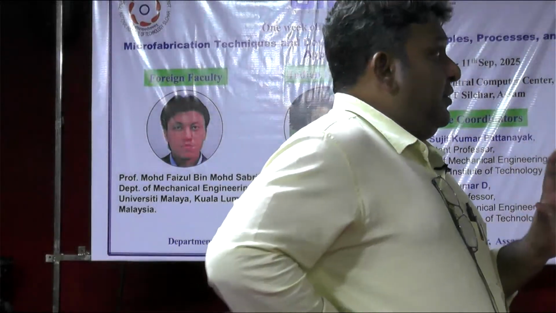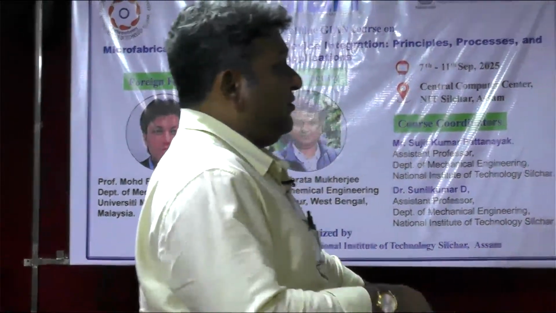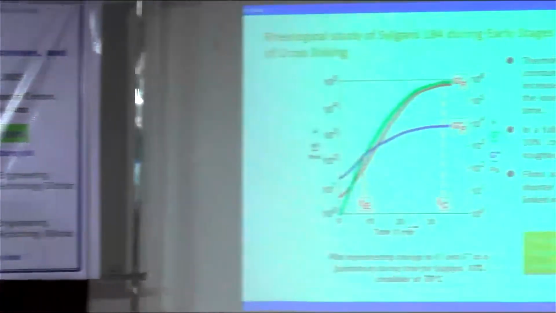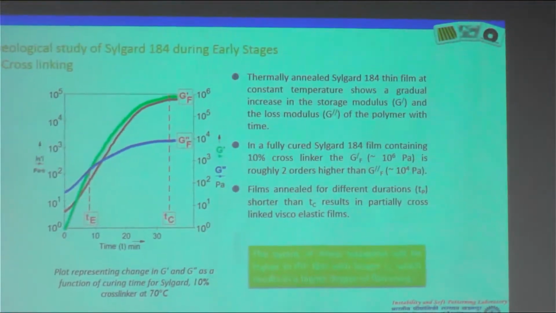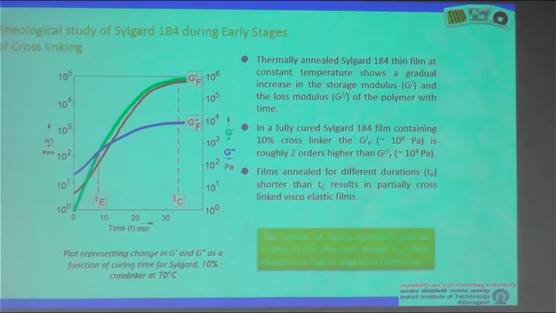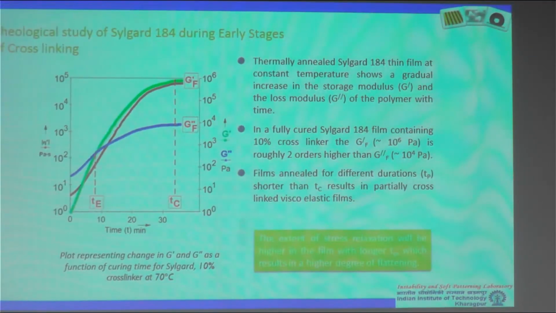So what we realized is that when we take that liquid and put it for thermal annealing, with progress in annealing, the material becomes more and more elastic. That means the elasticity increases. Now, about an hour back, I gave the example of rubber. You stretch the rubber, it relaxes back. Why does it happen? Because it's an elastic material.